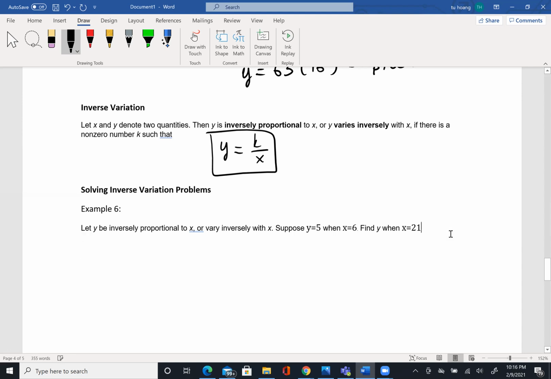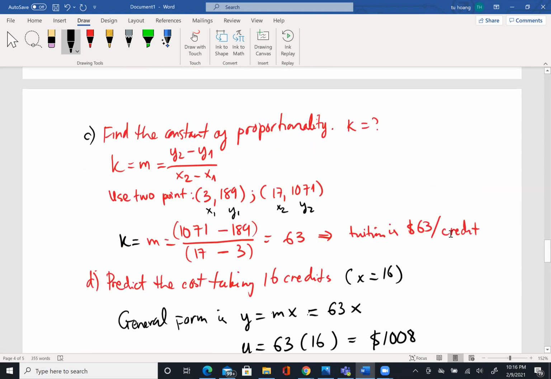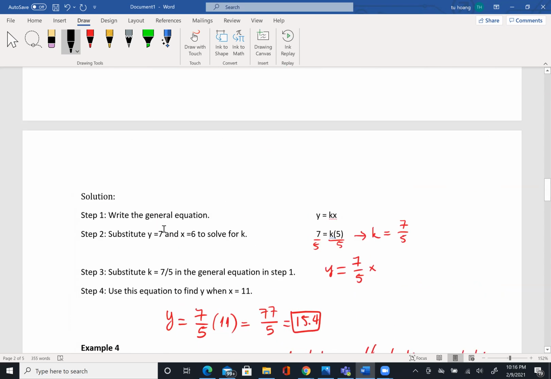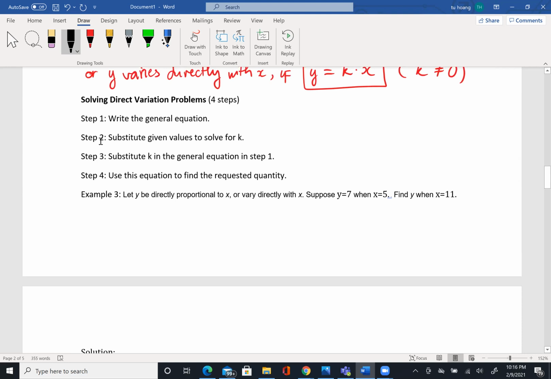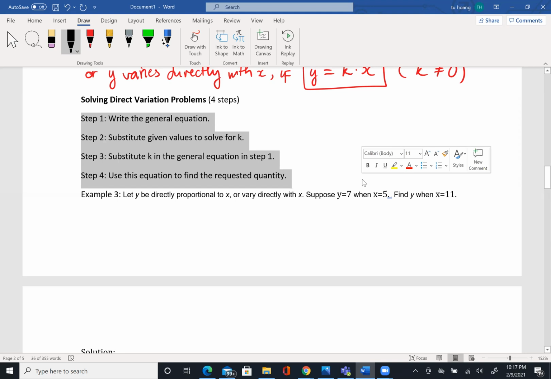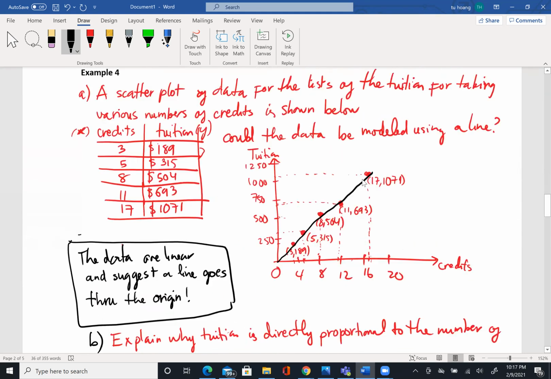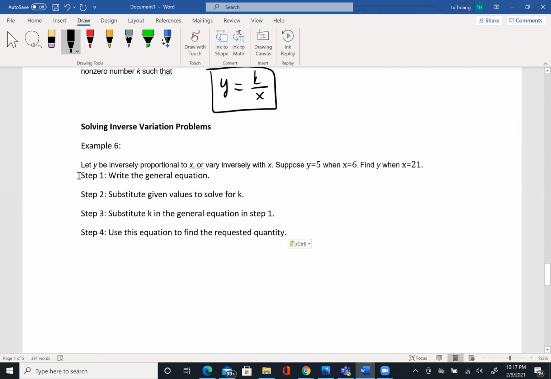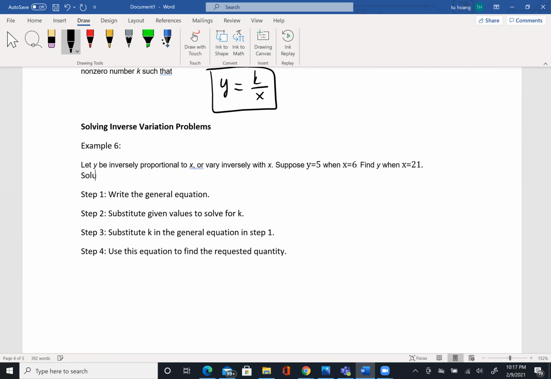All right. So we're going to follow the 4 steps above over here. It's still using these 4 steps, but we set up with a different general form. So here is the solution. Step 1, we write the general equation.